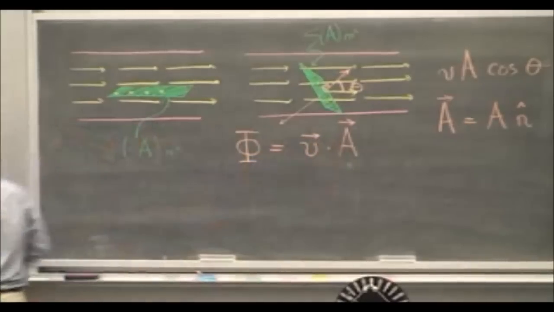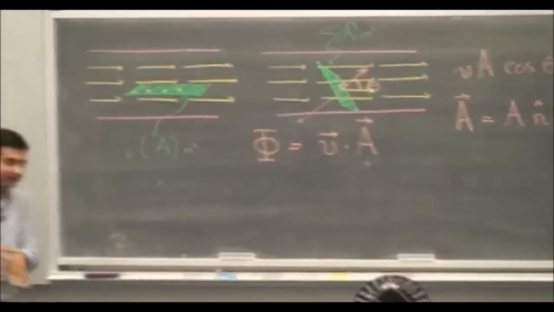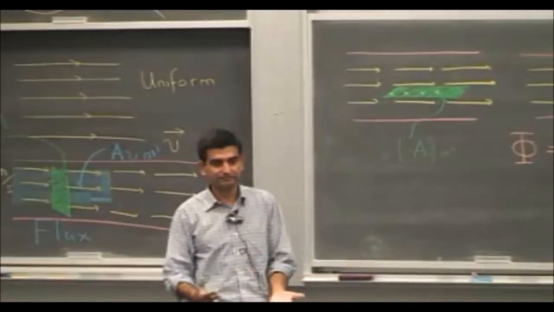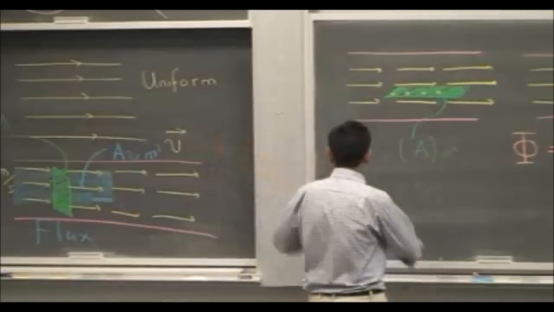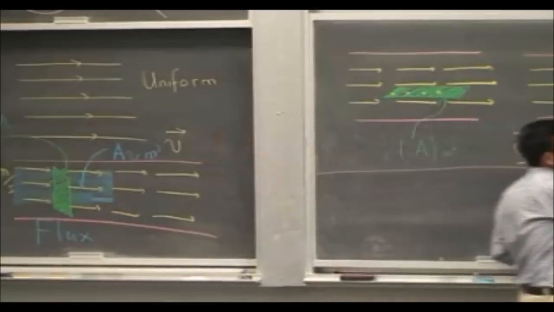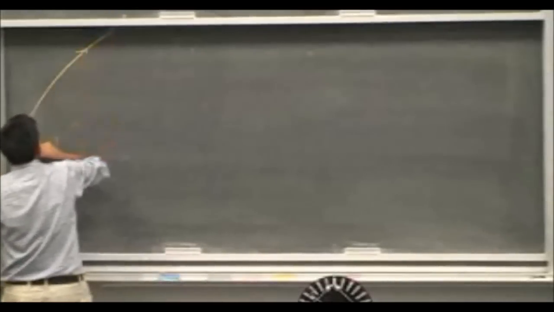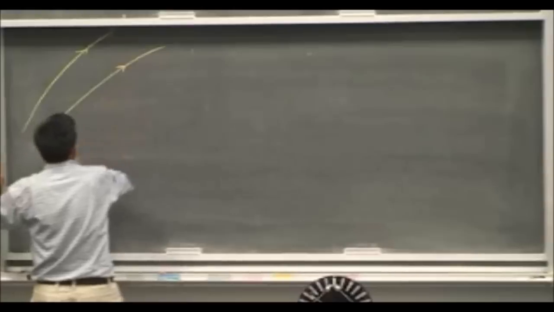Alright, now let's consider this scenario again. Now we don't have a plane surface, rather we have something like a balloon. Okay, and it's a three-dimensional surface. Let me redraw that figure. It's always nice to have bigger and better sketches in this course. I draw an electric field in space.